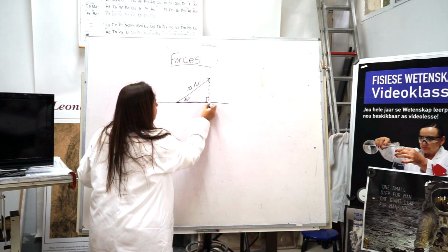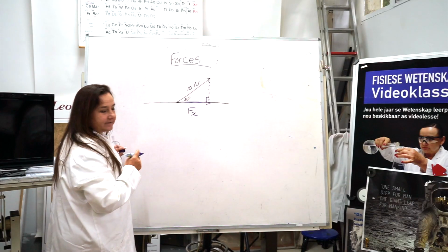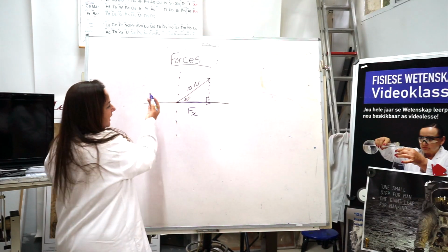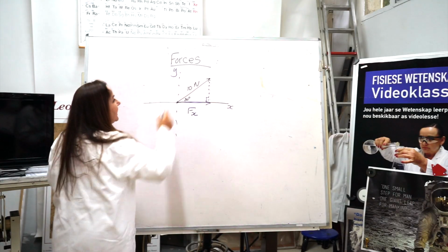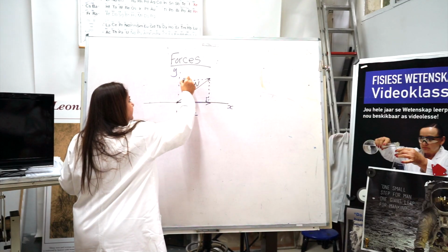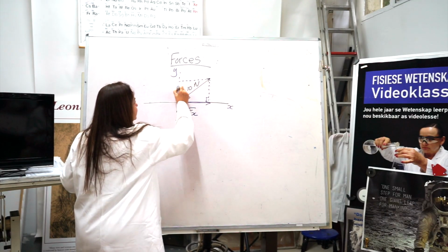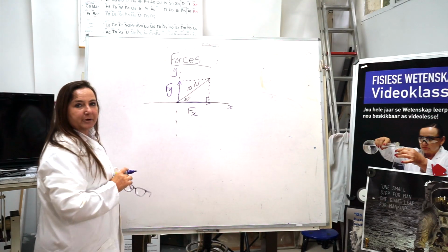This will then be my Fx component. And I'm going to do the same towards the y plane. So this is my y plane, this is my x plane. And I'm going to do the same thing here, a 90 degree line to that point, and I'm going to draw in my Fy component.